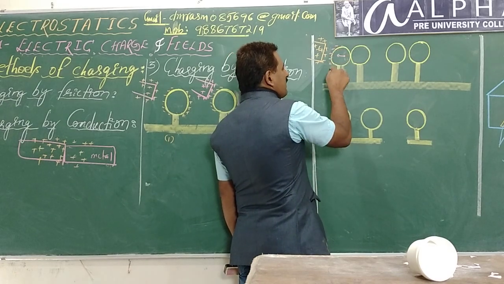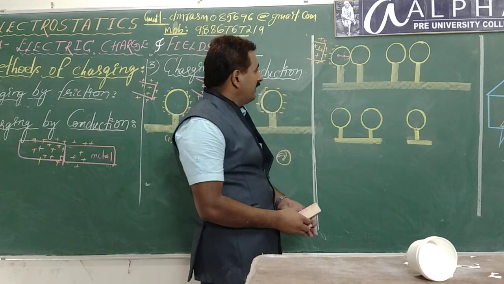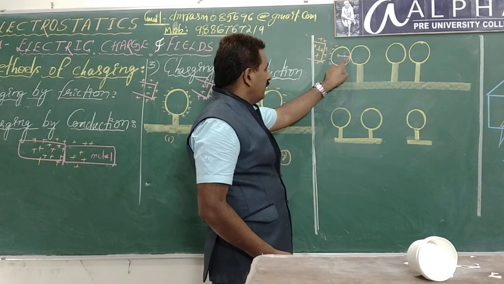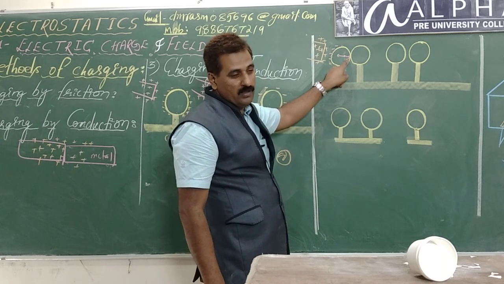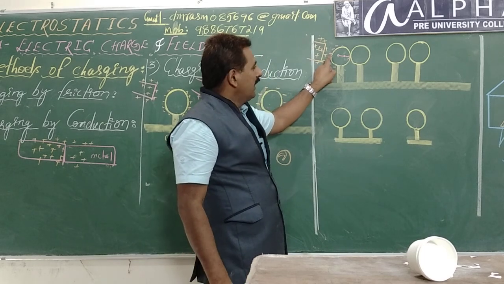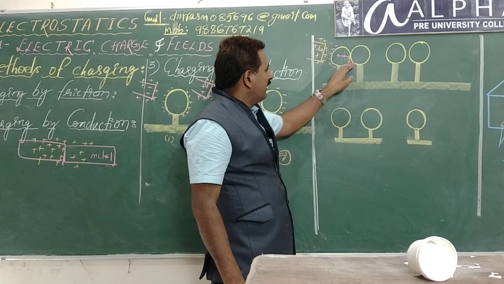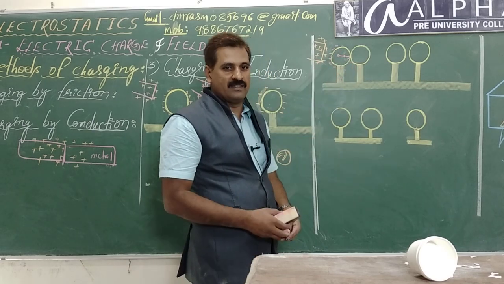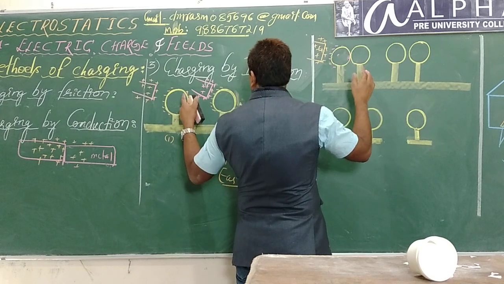But these negative charges repel. Understood? Because of the attraction and repulsion, the electron decides which way to go. If the attractive force is more, it comes over the surface. If the repulsive force is more, it moves away. If both are balanced, it remains there only. That's it. Now, what about this surface? Same story as this.